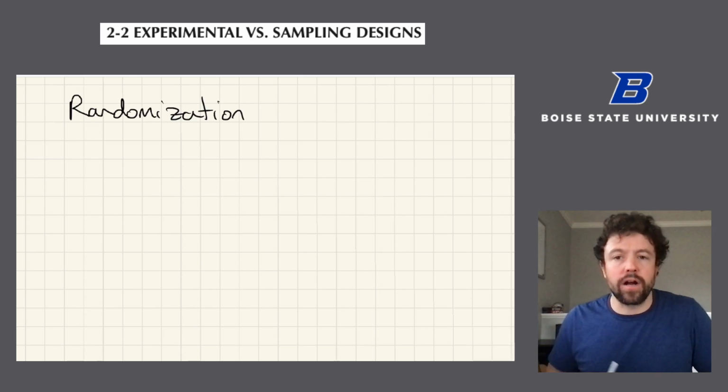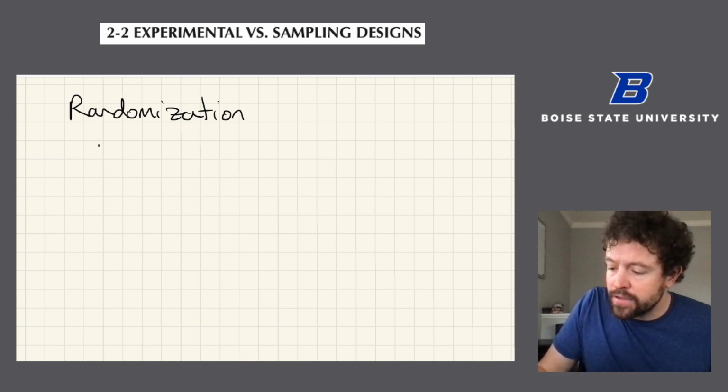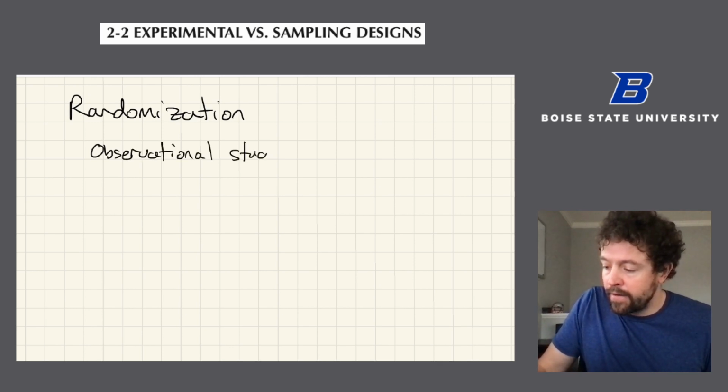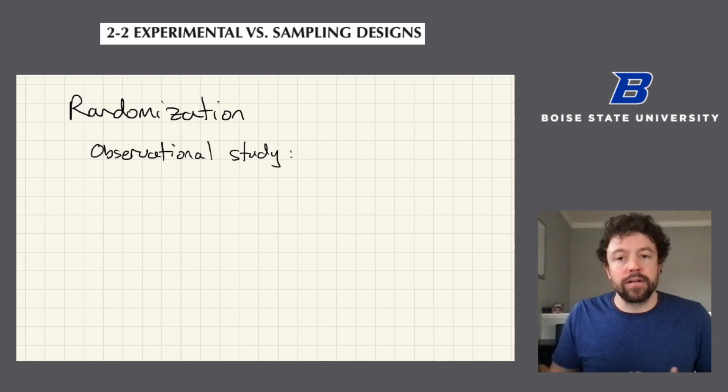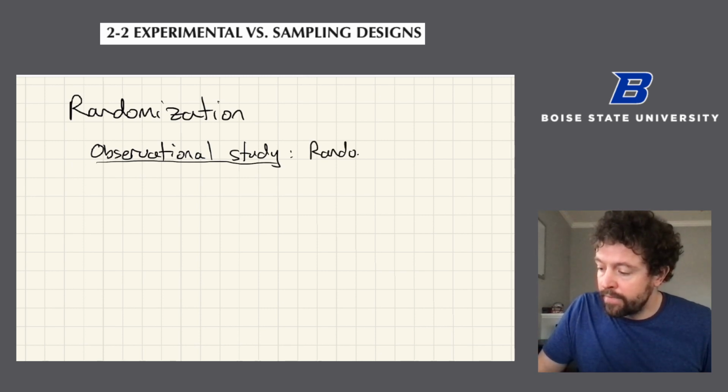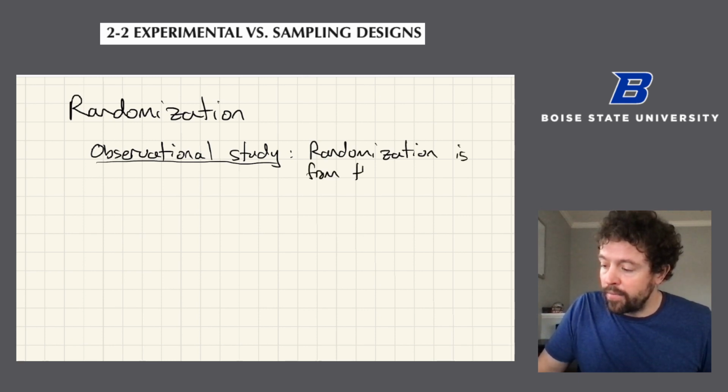So I'll start with an observational study, which is kind of backwards of how the section does it. In an observational study, randomization is introduced by means of a sample. The randomization is from the sample.